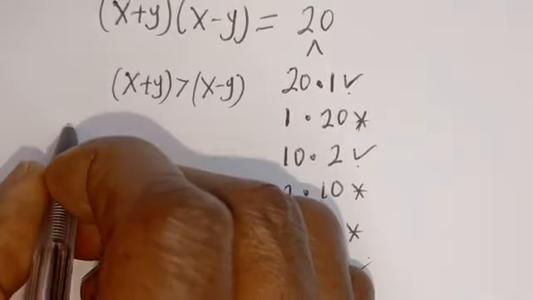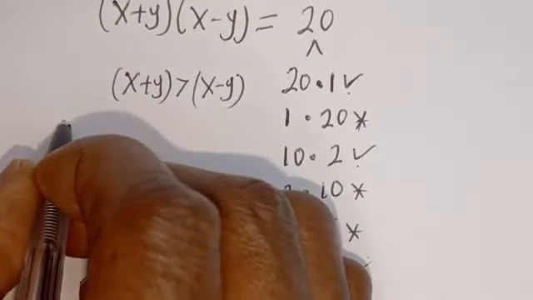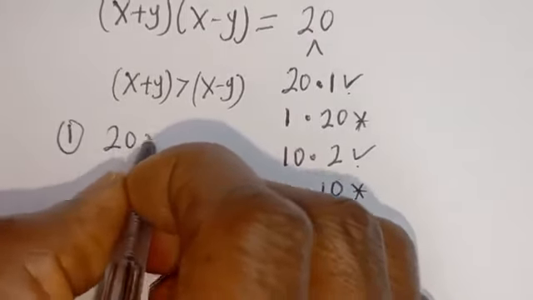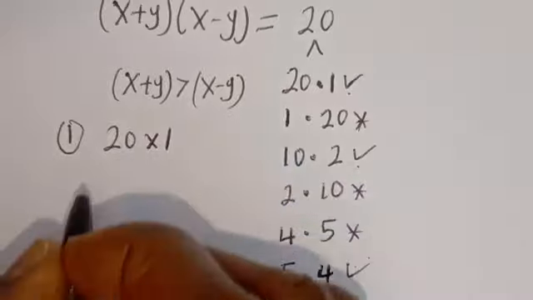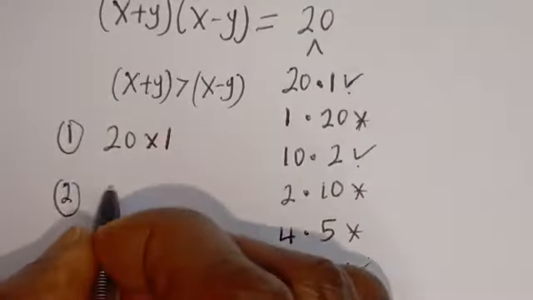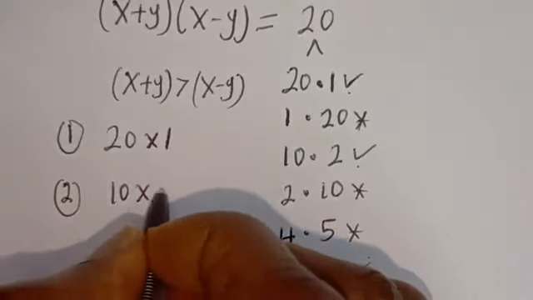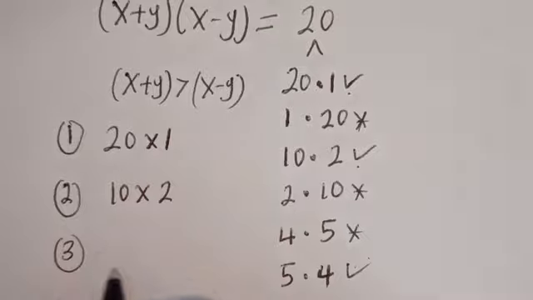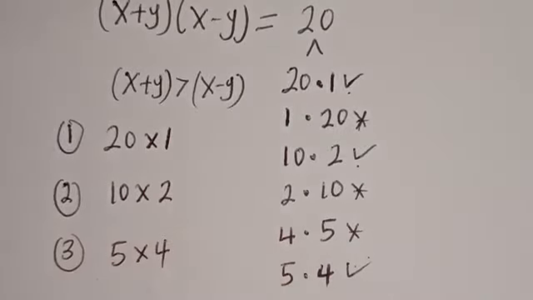That is, first case, 20 multiplied by 1. Then second case, that is 10 multiplied by 2. And then third case, 5 multiplied by 4.